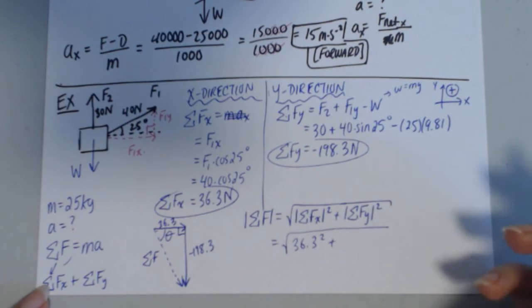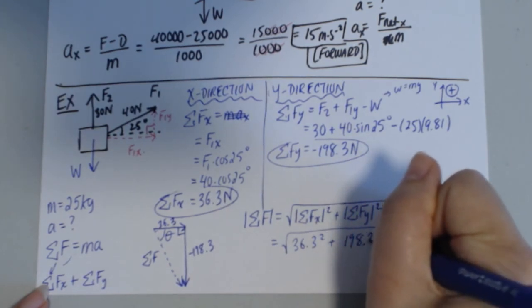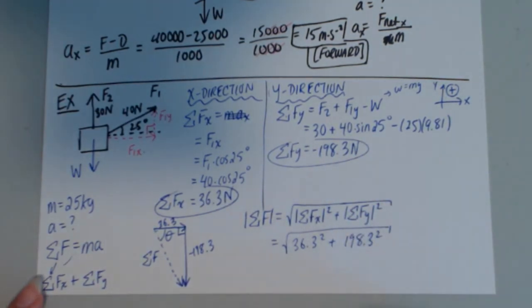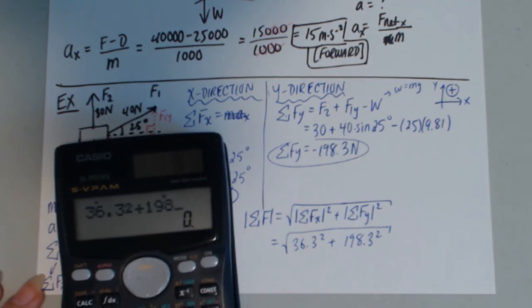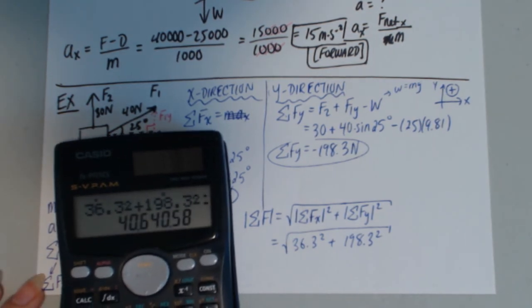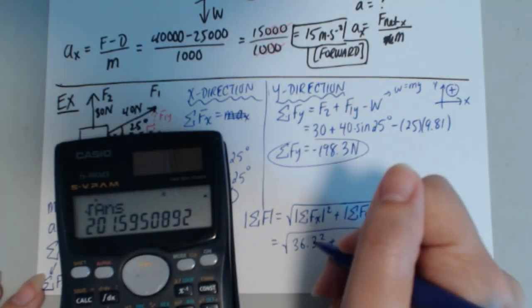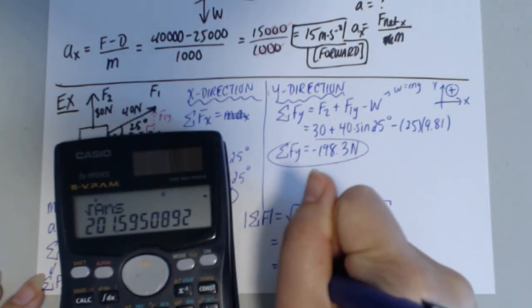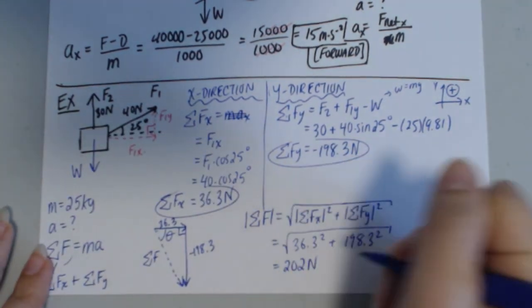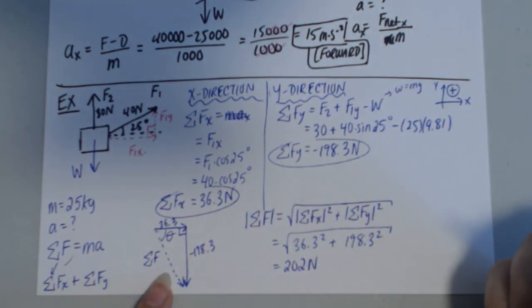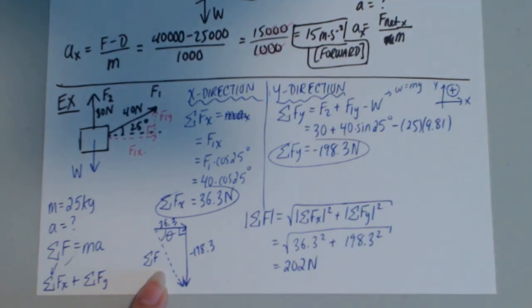The magnitude of negative 198.3 is 198.3, right? So just without the negative sign, 36.3 squared plus 198.3 squared. Square root, 200, and let's just call that 202 newtons. That is the magnitude.